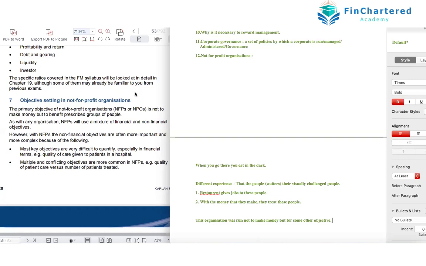So, not-for-profit organizations are those organizations that don't exist for profits, but for some other reason. Examples are charities, restaurants like the one I mentioned, NGOs. Examples could be hospitals. Now, the minute I say hospitals, people start smiling when I say hospitals are not for profit.